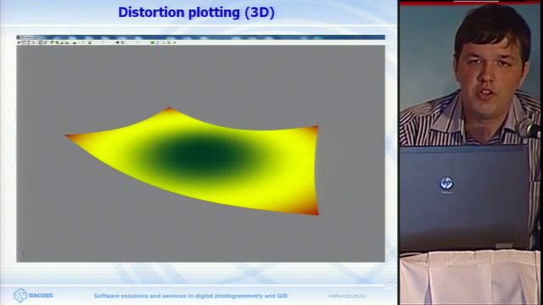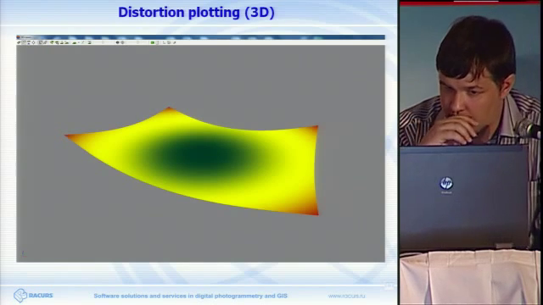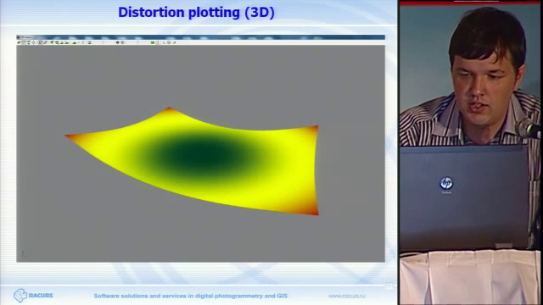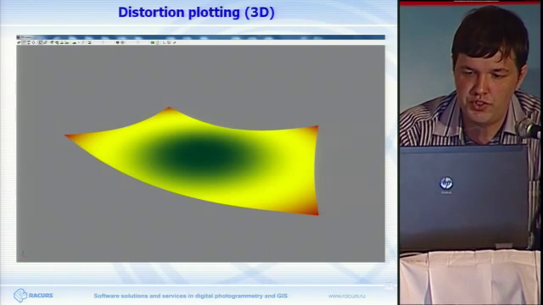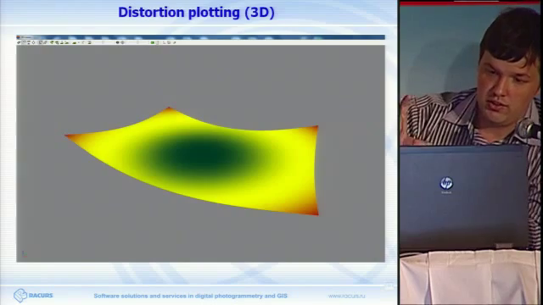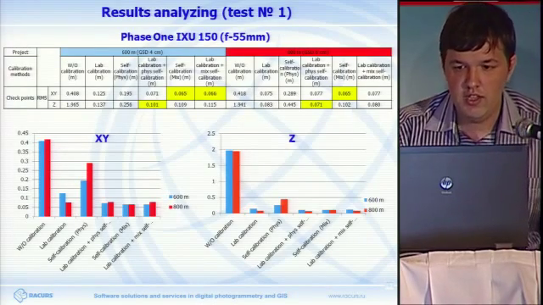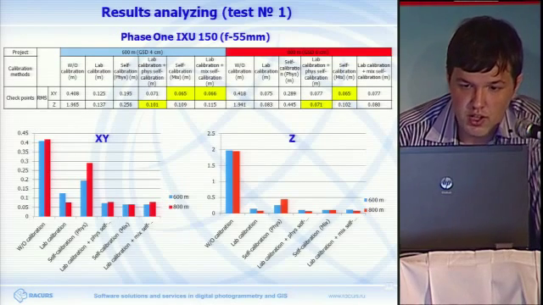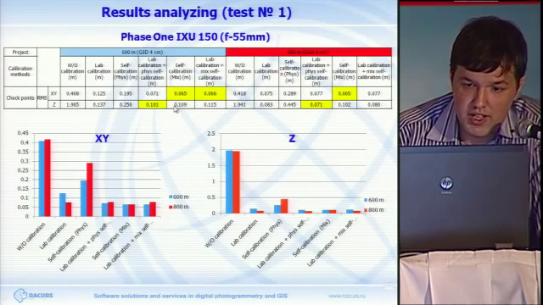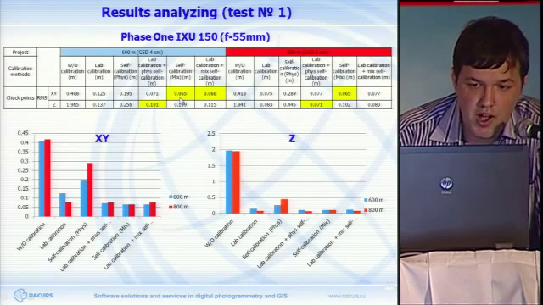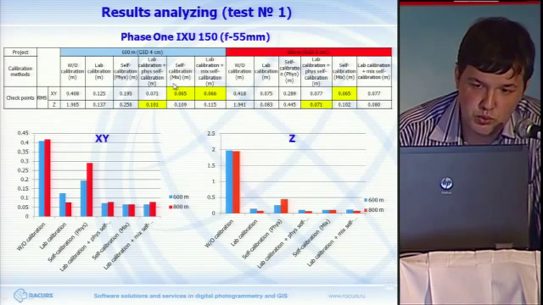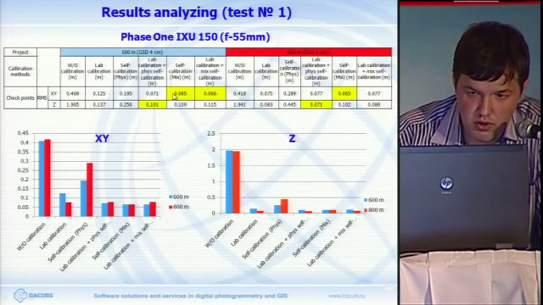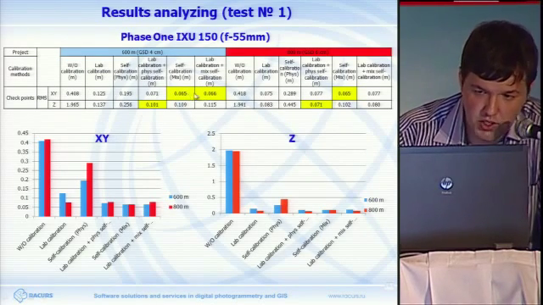Self-calibration itself is shown in 3D models by various utilities. This is XY of an image, and Z shows the difference between X and Y. So what do we have with Phase 1? The plane area, the smallest one, appears when you use the mixed self-calibration.